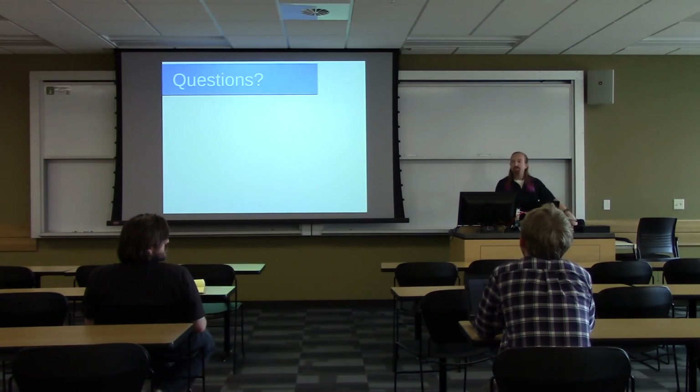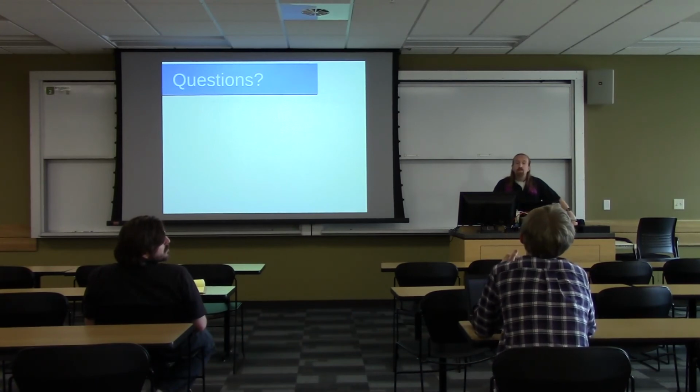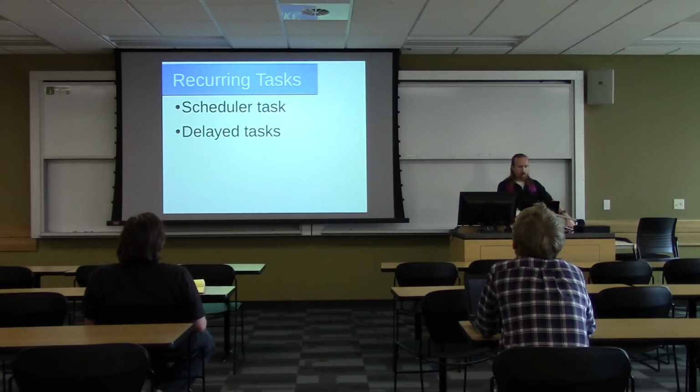So. What else? If you don't mind, could you revisit again what the difference between the delayed and the scheduled tasks were? Yeah. Rewind here just a little bit so I've got my notes.